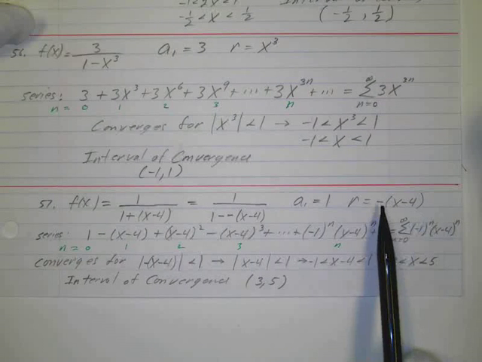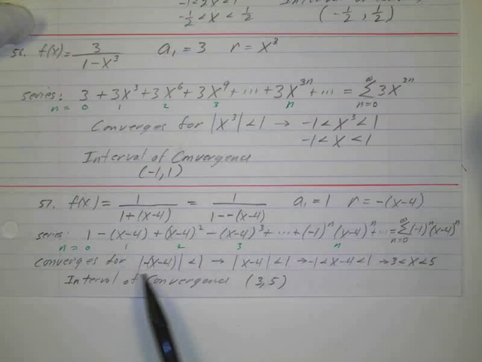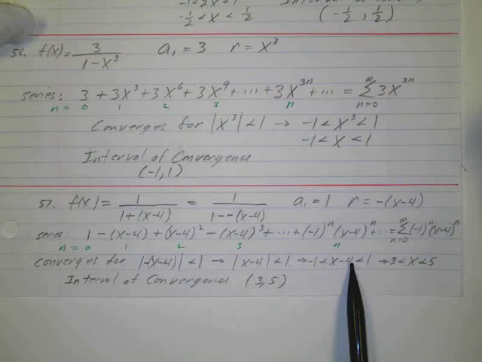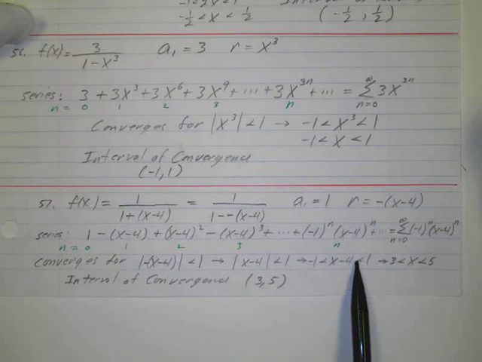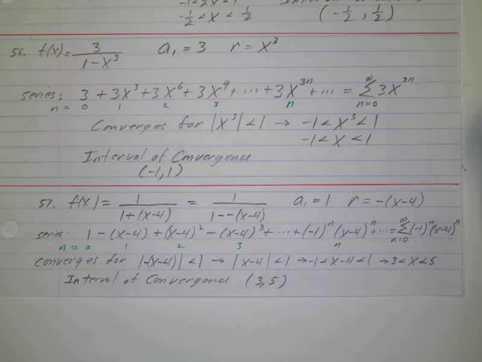And that's going to converge when the absolute value of negative x minus 4 is less than 1, which is just the absolute value of x minus 4 is less than 1, or x minus 4 is between negative 1 and 1, and then if I add 4, I get 3 and 5, so there's your interval of convergence. Okay? Hope that all makes sense. So that's 57, or 54 through 57.